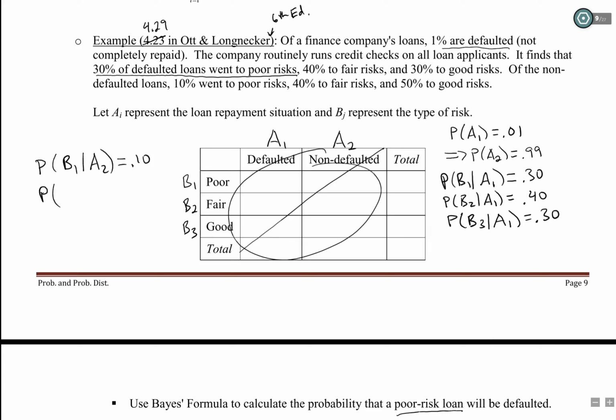Next statement here, 40% of non-defaulted went to fair risk. So the probability of B2 given A2 is 40%. And lastly, the probability of B3, good risk, given non-defaulted was 50%. So we're given that sort of information.